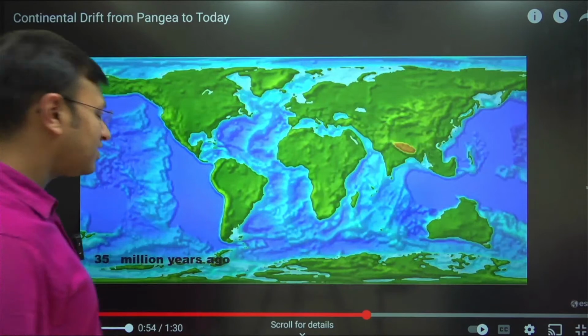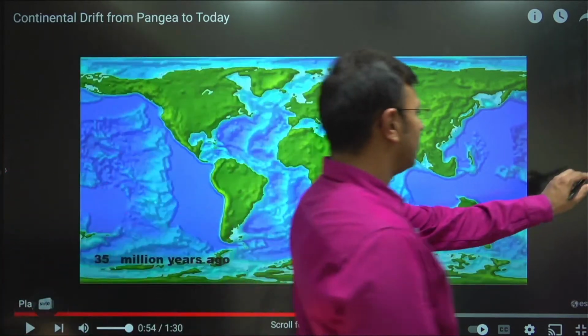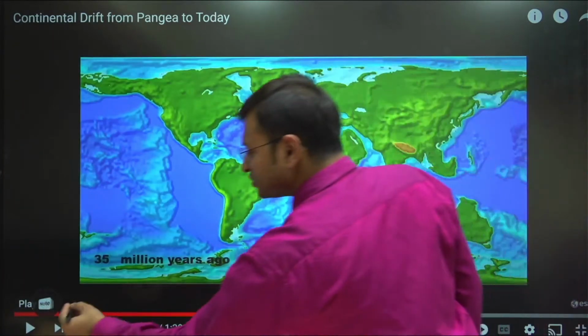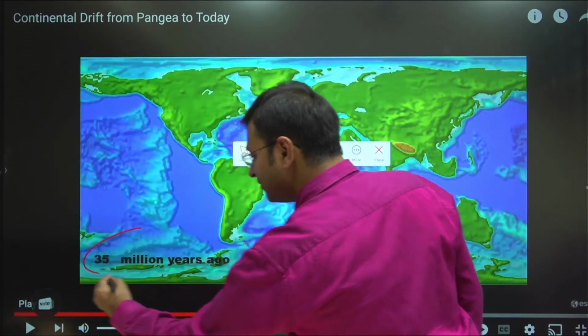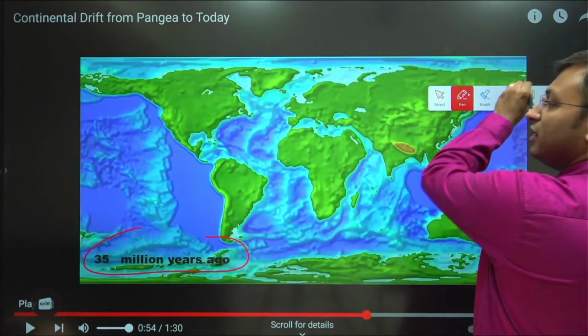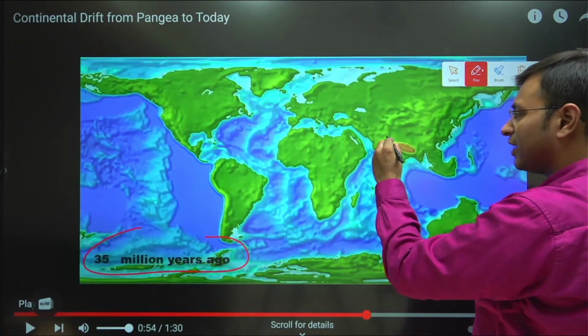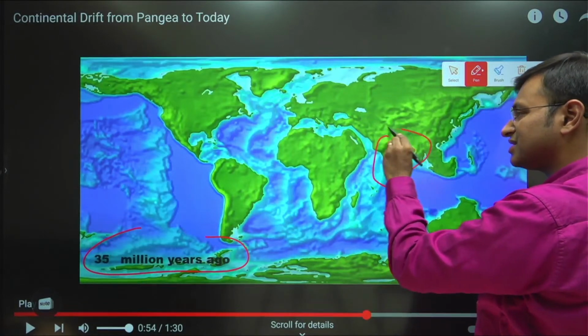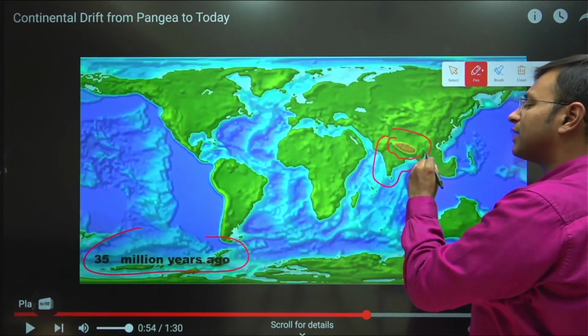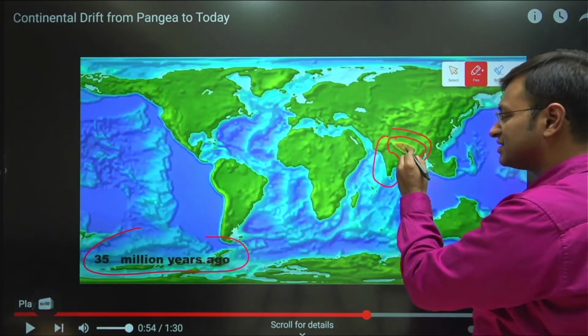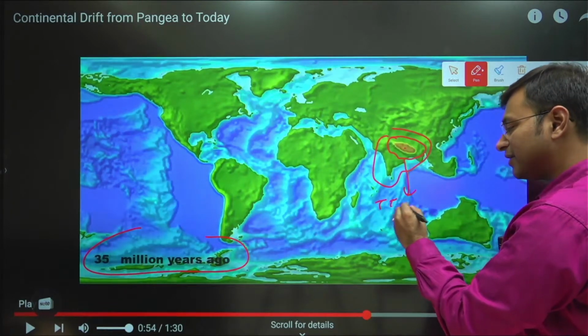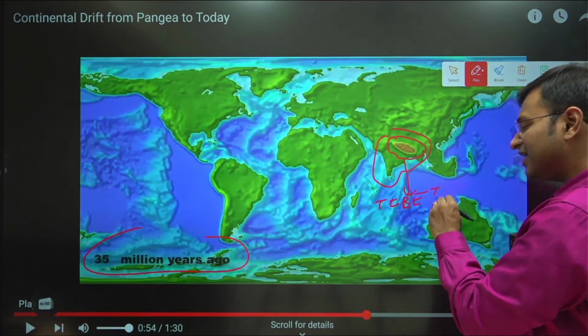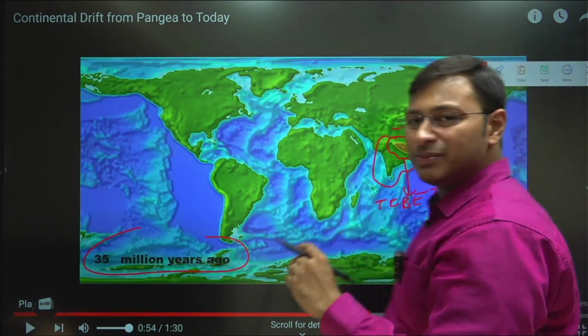So roughly 40 to 35 million years ago, I've stopped the video again. Roughly 40 to 35 million years ago, the Indian plate has finally collided with the Eurasian landmass. This bright brown color which you are seeing on your screens is nothing but the Tibetan plateau. Why Tibetan plateau?